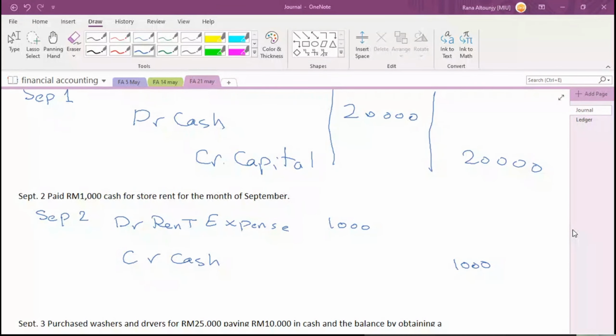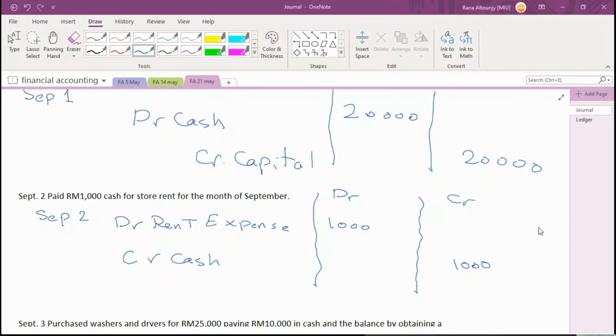Okay. What about the cash? Rent expense increases, so it's in debit, and cash decreases, so it goes to credit. Very good. Very good. Thank you.